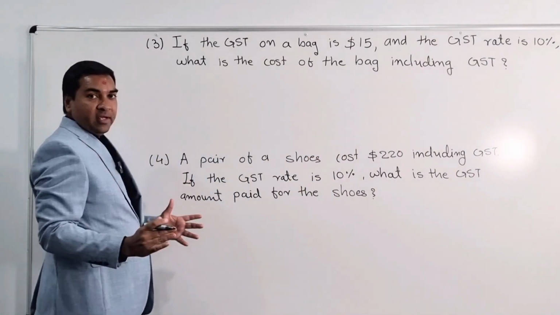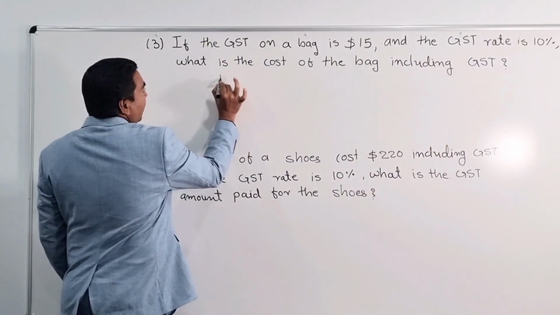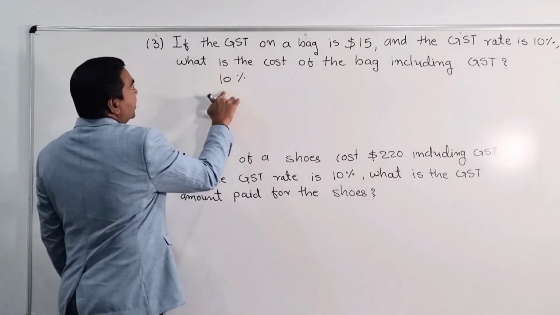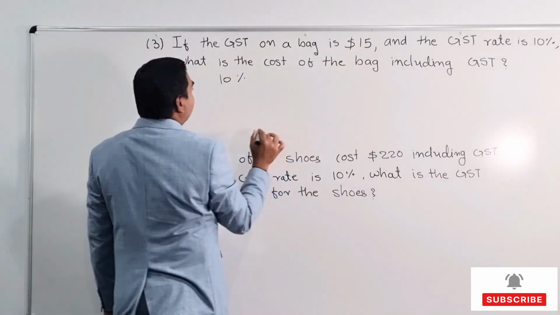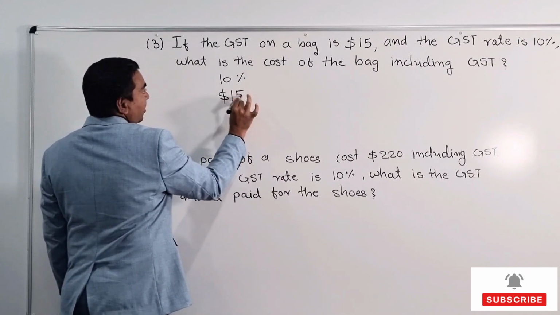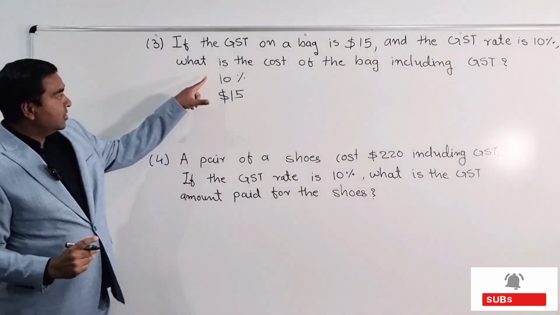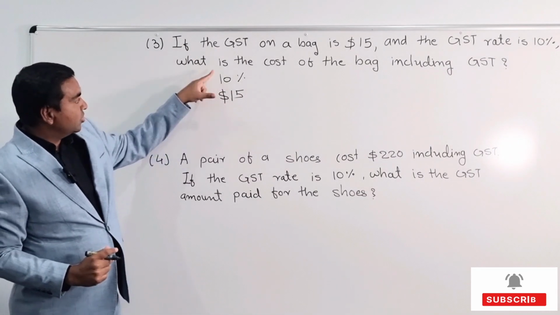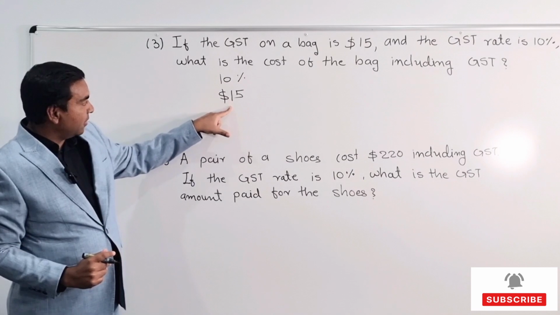So the very first thing is GST is 10% and the GST value given is $15. So 10% is $15.